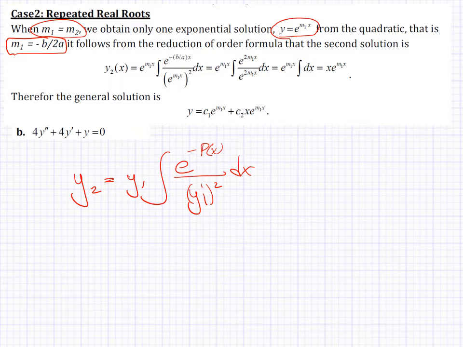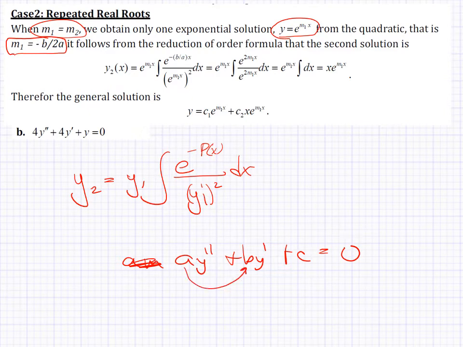And so if you look at this differential equation, ay double prime plus by prime plus cy equals 0, and you look at what p would be, well, p would be b over a, because we'd have to put this in standard form to find p.